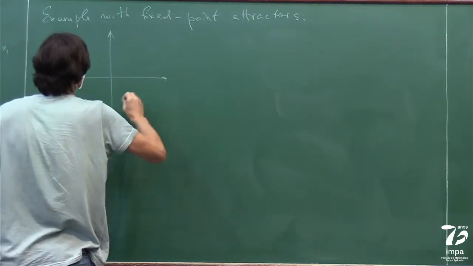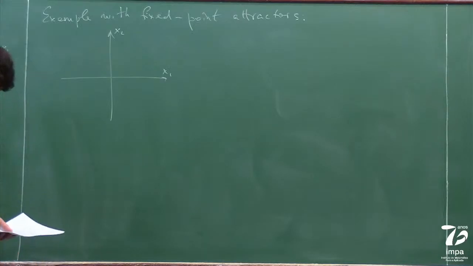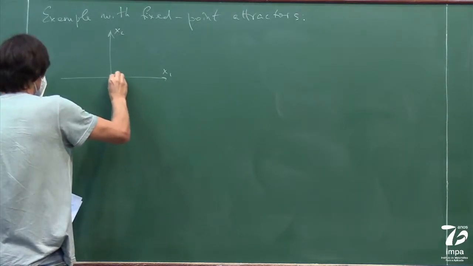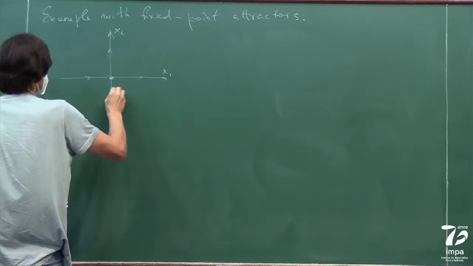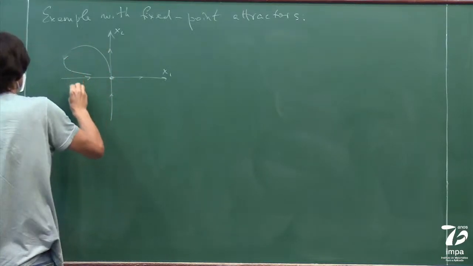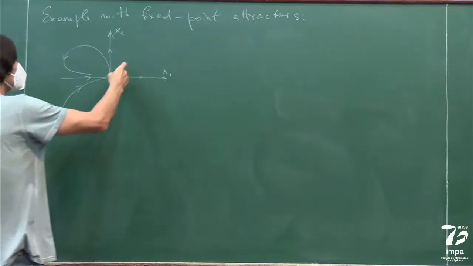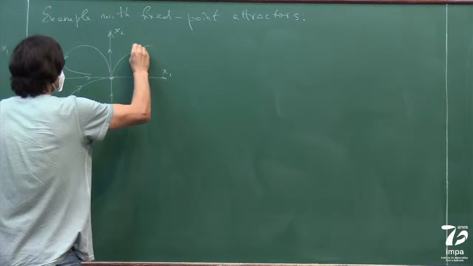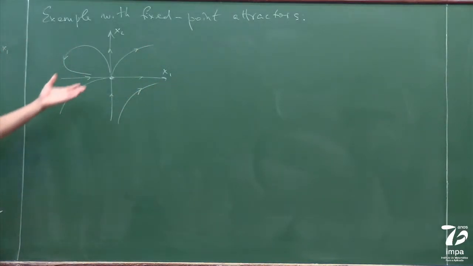The example was a special field which had this form. All the x's were like this, and all solutions starting on the left were entering the singularity, and on the right-hand side they were either exiting or passing through. All solutions on the upper part start from the singularity. So this was the original system.